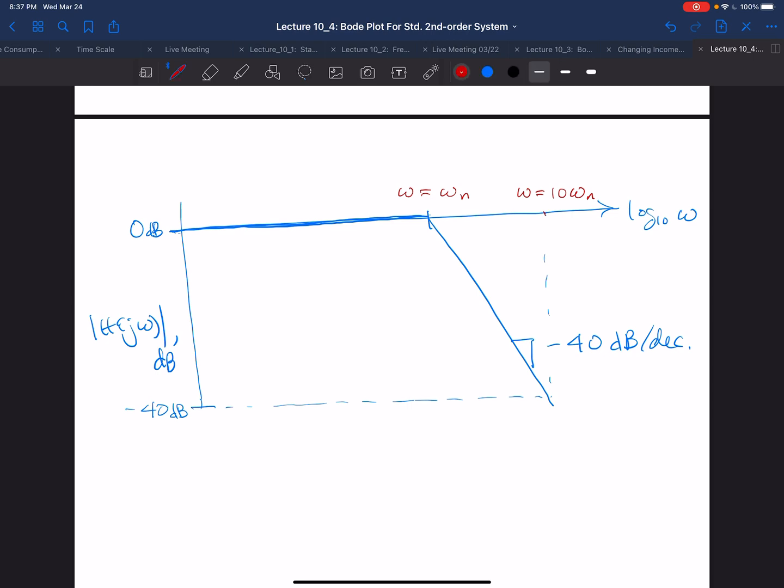So far we haven't said anything about zeta in coming up with this approximation. This piecewise linear approximation does not depend on zeta at all. Where zeta comes in is in finding what the real curve looks like. If you were actually to plot the modulus of H of j omega in decibels versus log omega, you would get a smoother curve, and it would of course depend on the value of zeta.